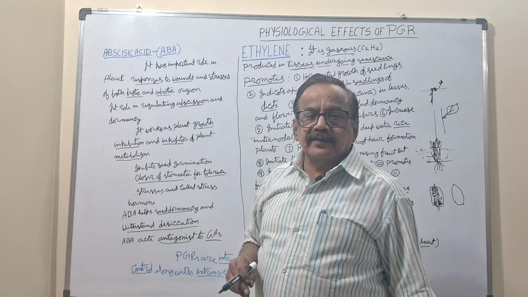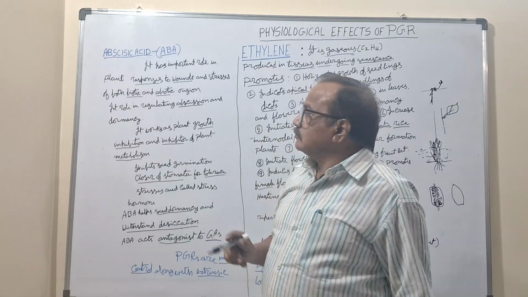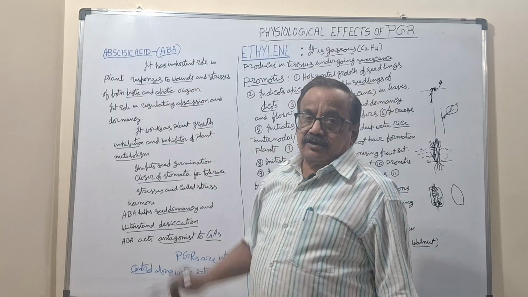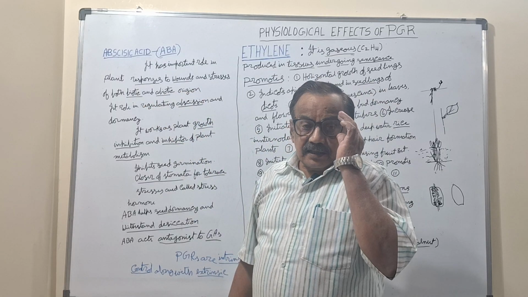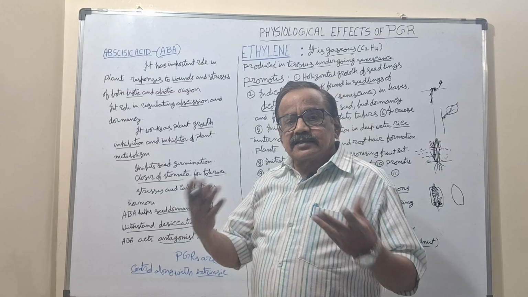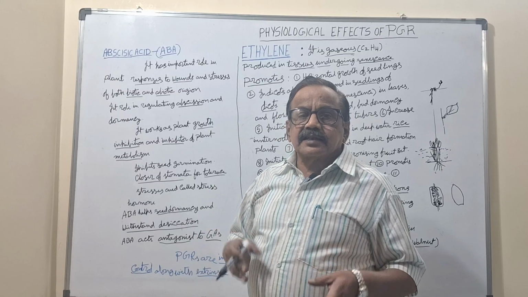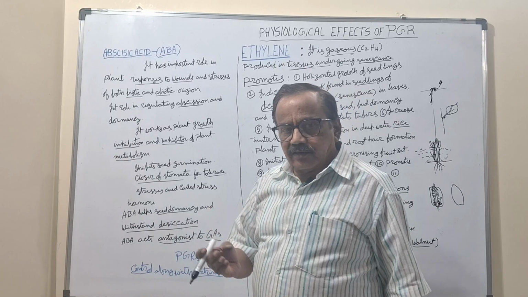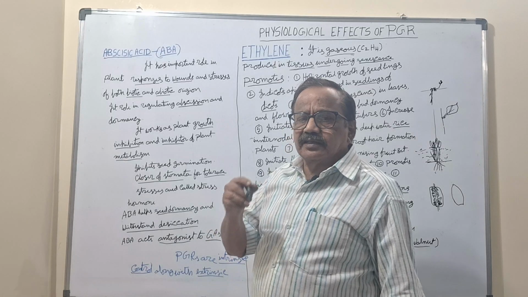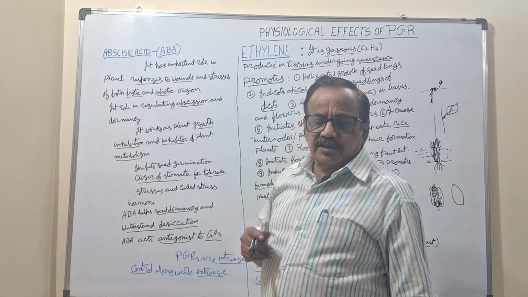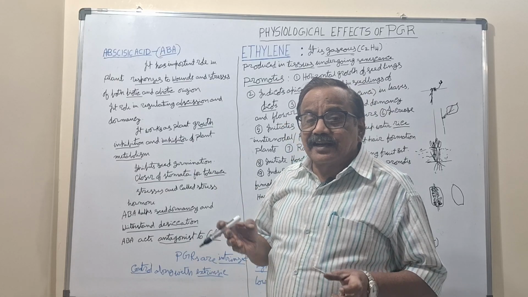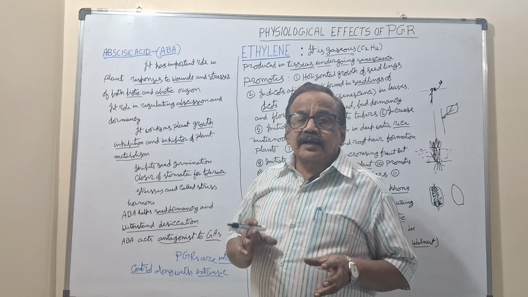In the beginning he has given it in the discovery. So here, and stress also. Stress means internal stress and external stress. Internal stress means the metabolic stress that comes because of reduced metabolic activity, because the plant is not getting all the required things.